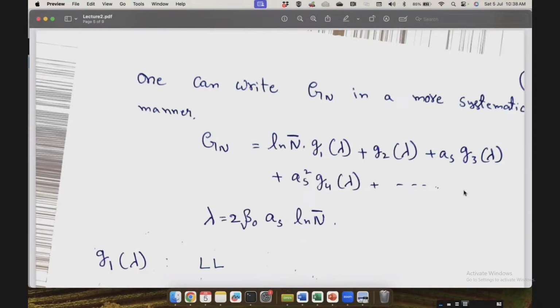And this is a special pole, unlike other types of simple poles, like 1 by n plus 1, 1 by n minus 1, or 1 by n plus 2, for example. Suppose if I include the regular terms also in the calculation, in the perturbative coefficients, then if I take the Mellin transformation, you will see some terms like 1 by n plus 1, 1 by n plus 2.